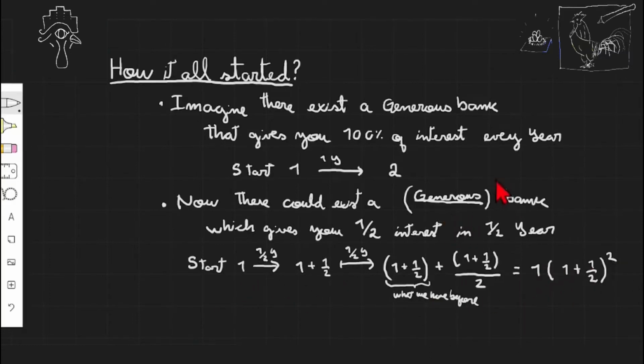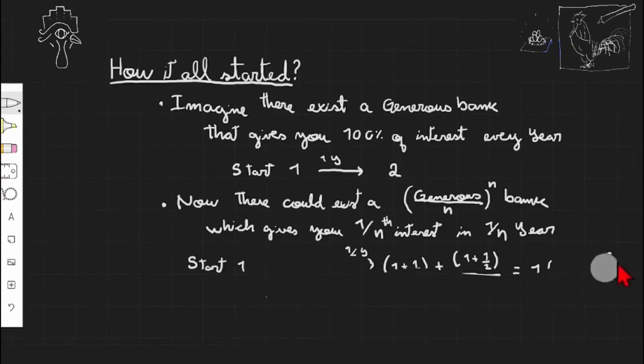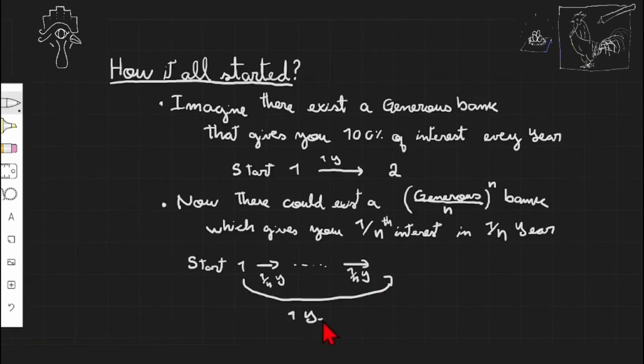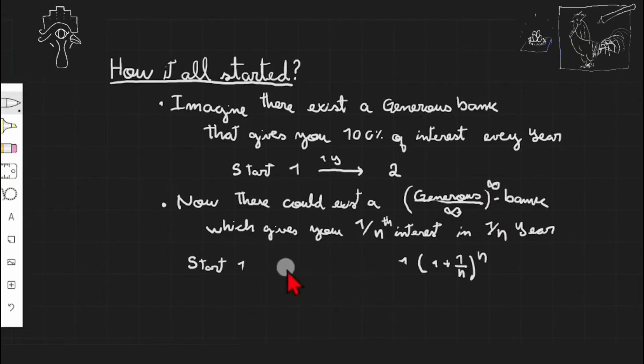This process can be repeated n times, so we will have a generous divided by n power n bank, which will give us 1/n of interest in 1/n of a year. Then, after a year, we have this amount of money. And if we go making the process until infinity, then after a year, we get the number e times what we started with.